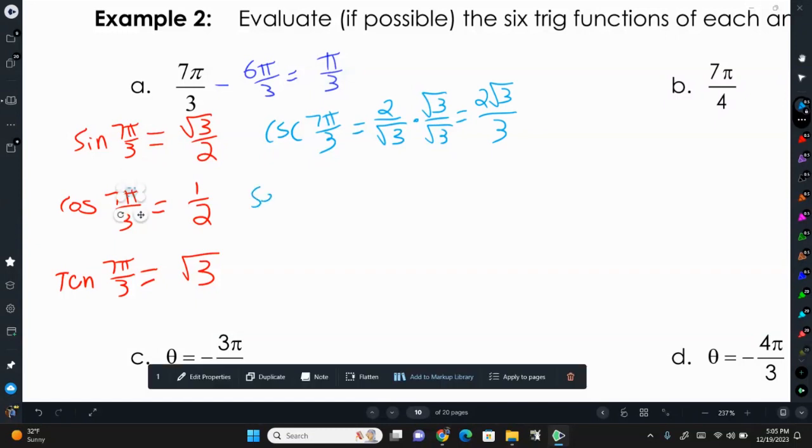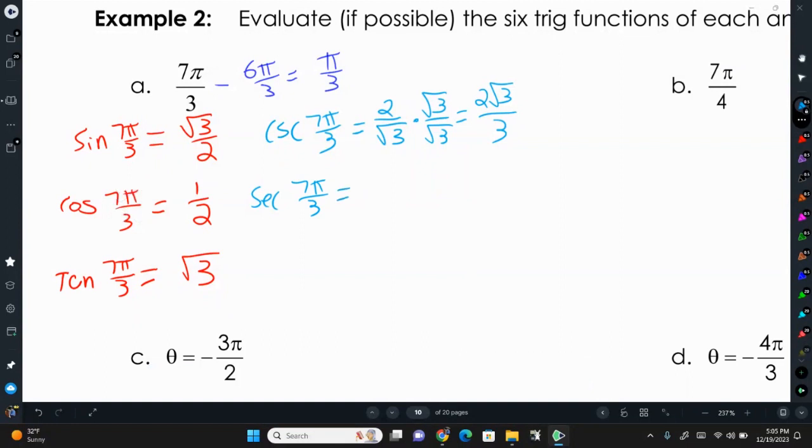Now the secant is just the cosine flipped. Well, 1 over 2 will flip to 2 over 1, which is just 2. And then the cotangent. The cotangent of 7 pi over 3 is equal to, again, we could do 1 over tangent.